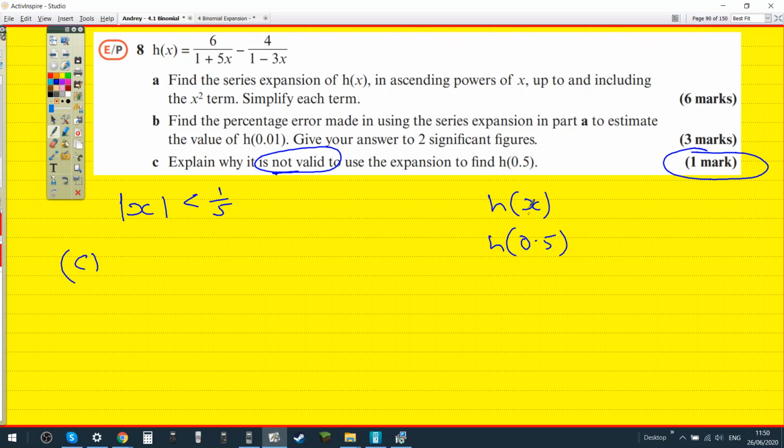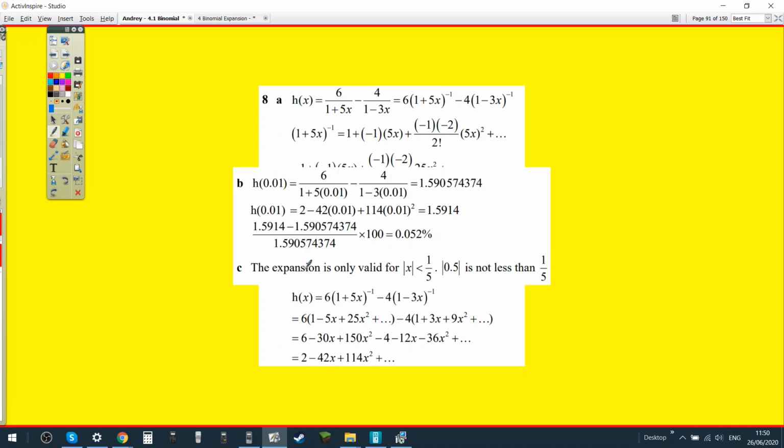Why can't x be 0.5? Because it's too big. It's between a fifth, so it can't be. Yeah, that's it. 0.5 is greater than a fifth. Yeah, 0.5 is not in between minus a fifth and plus a fifth. The expansion is only valid for that. The magnitude of 0.5 is not less than a fifth. Yeah, there you go. Any questions?